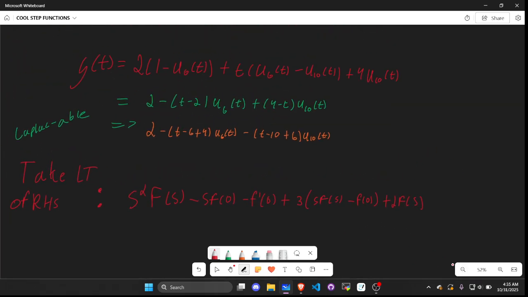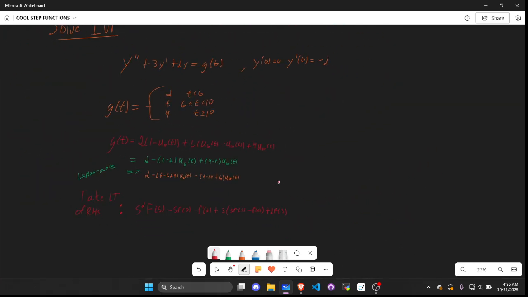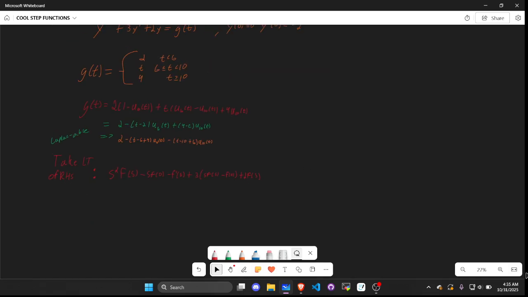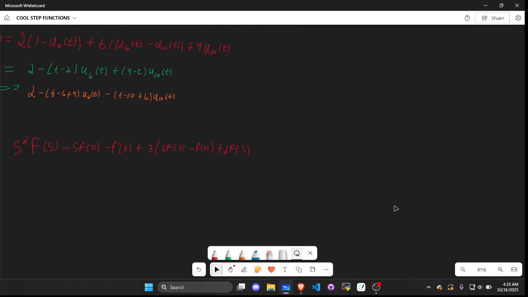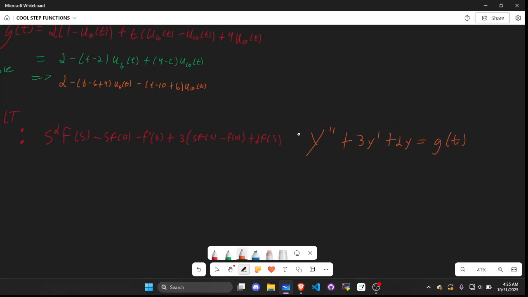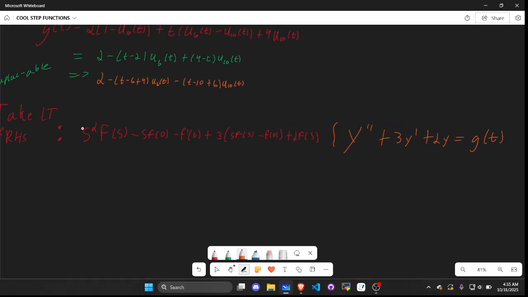So this is, let's see how this connects here. So I'm just gonna bring down a copy of it so you can see it nice and clear. So this part here is y double prime.